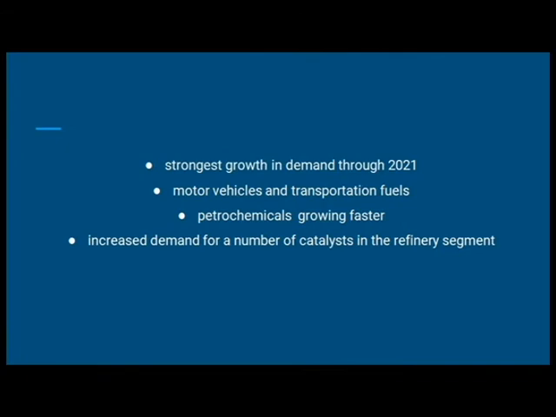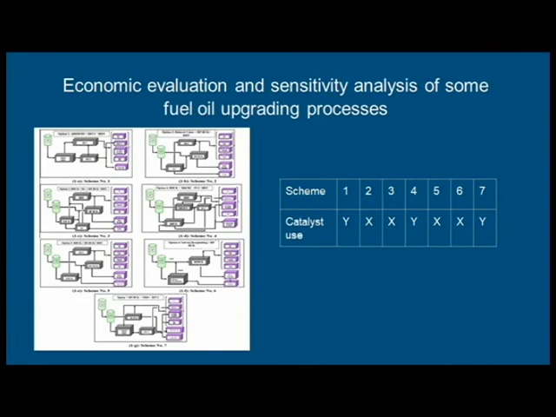The largest refinery catalyst segments in terms of value are hydrotreating and catalytic cracking, while the largest volume products are alkylation catalysts. So research has been done to evaluate and analyze the economics of some fuel oil upgrading processes, with and without catalysts.